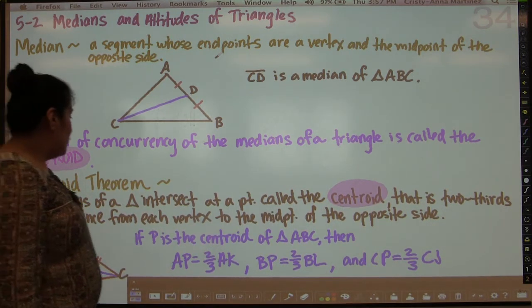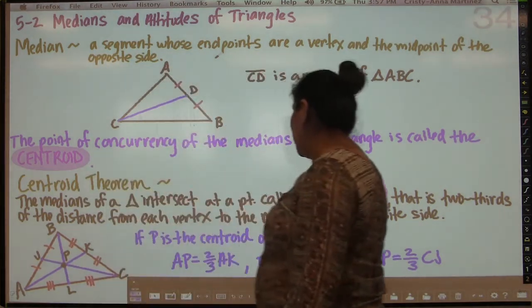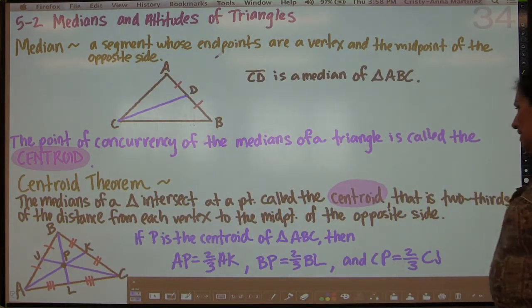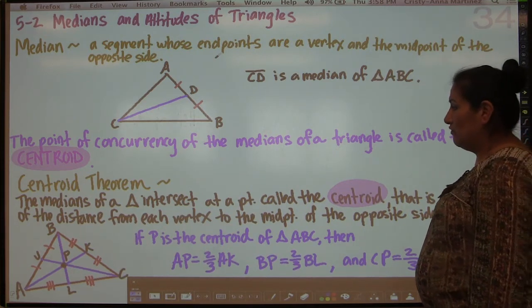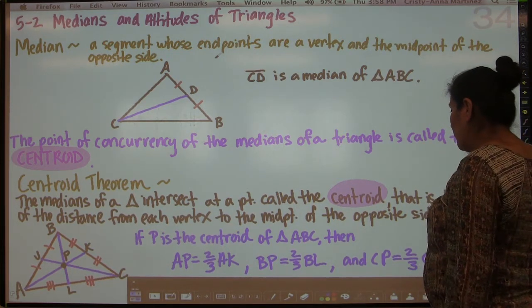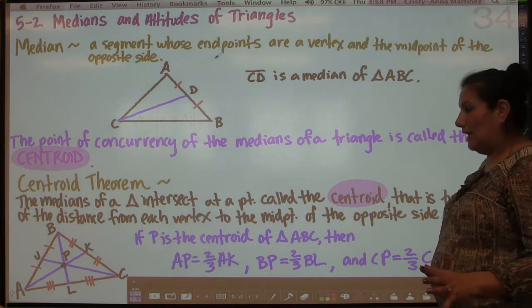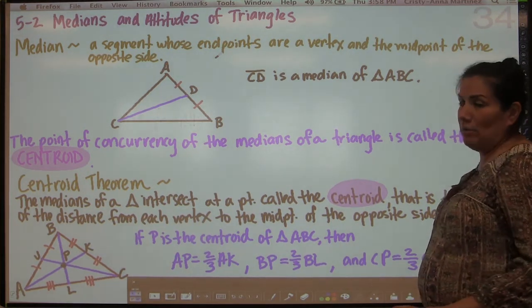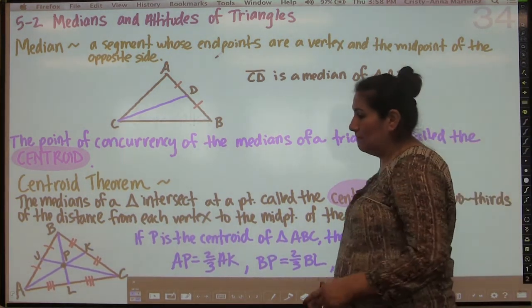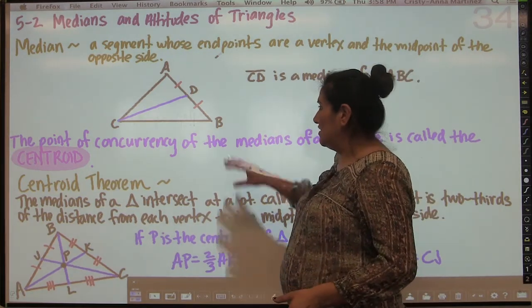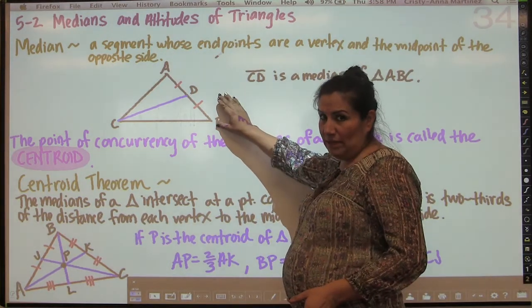The theorem says the medians of a triangle intersect at a point called the centroid, and this point is 2/3 of the distance from each vertex to the midpoint of the opposite side. Now that might sound kind of crazy, so hopefully the diagram will make more sense. It is kind of cluttered, because the first one only has one of the medians at a time.